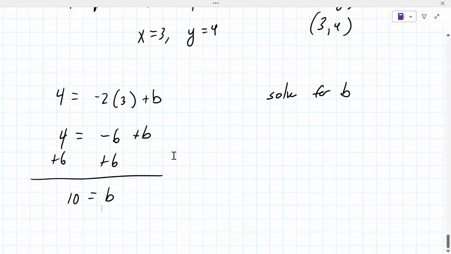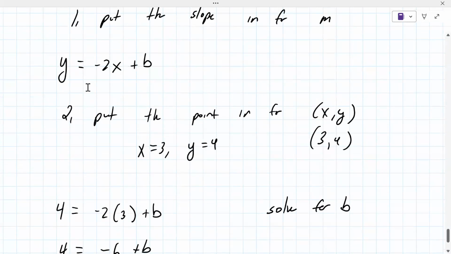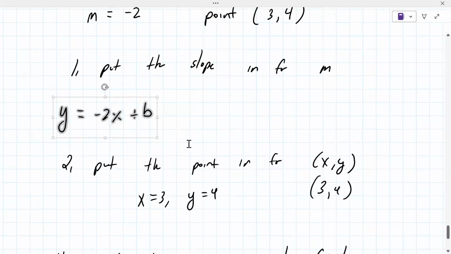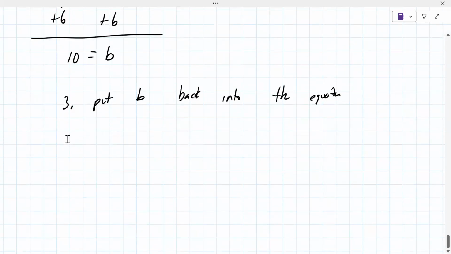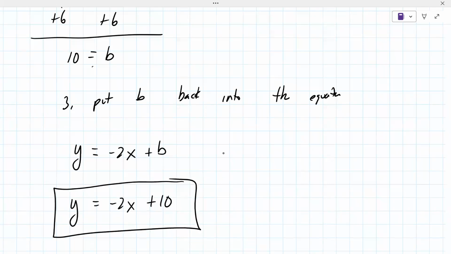The last thing you do is you put b back into the equation. So our equation was y equals -2x plus b. This 10 goes in for b. So it becomes y equals -2x plus 10, like that.